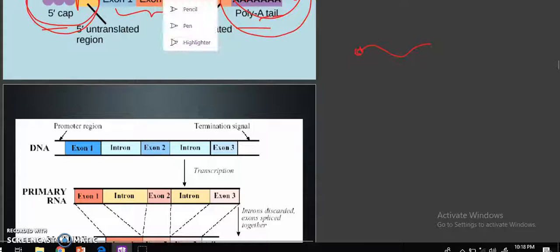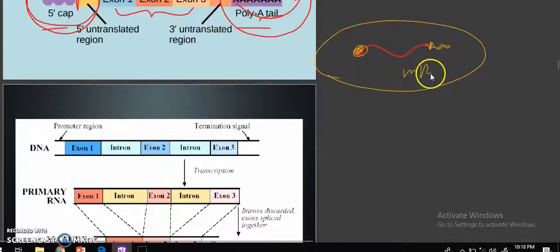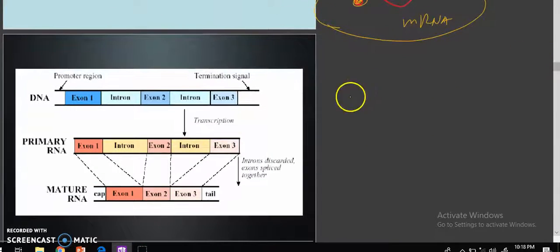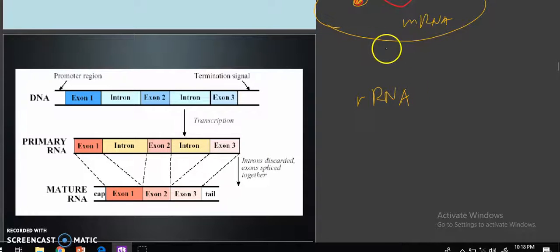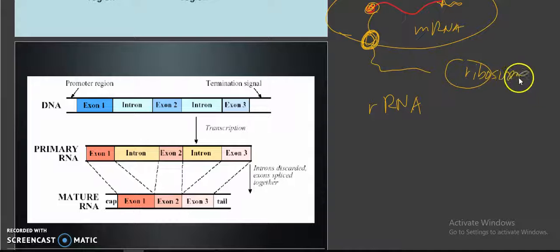So during the transferring of the mRNA to the rRNA, it would be easy to get out from the nucleus going to the ribosomes because of the cap. So the cap helps in delivering the mRNA easily.